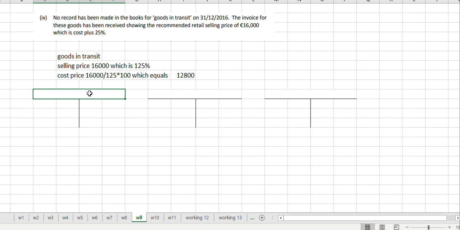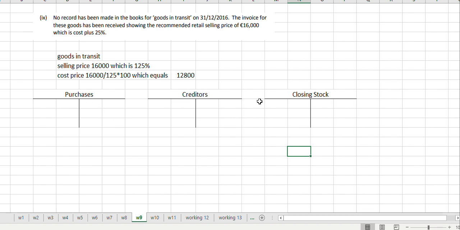Now we have that figure, the cost price. We are going to deal with purchases, creditors, and closing stock. You need to be very careful here because we're not going to the trial balance, because we have these figures in previous notes.